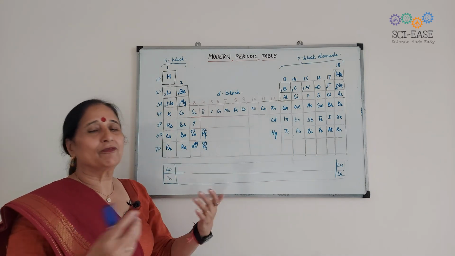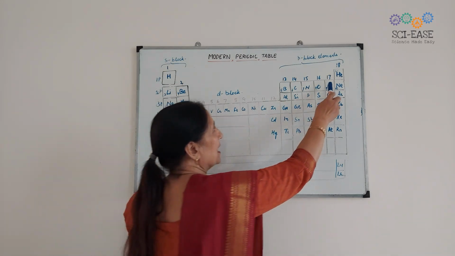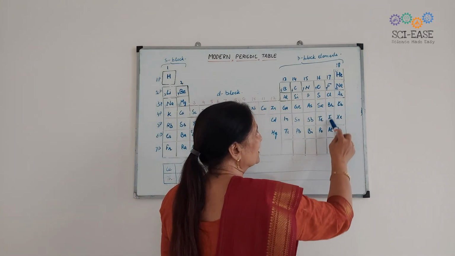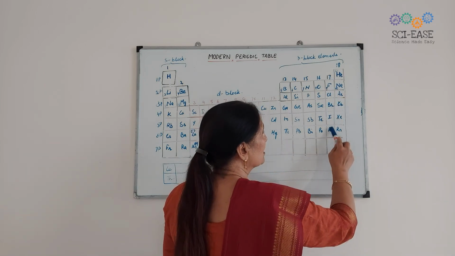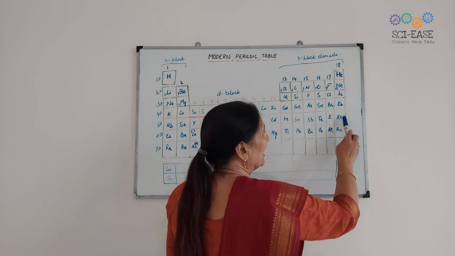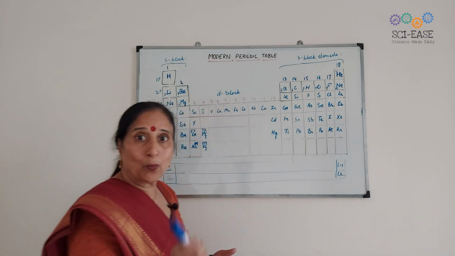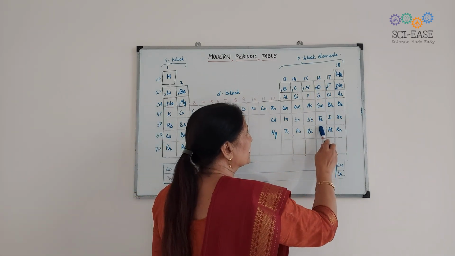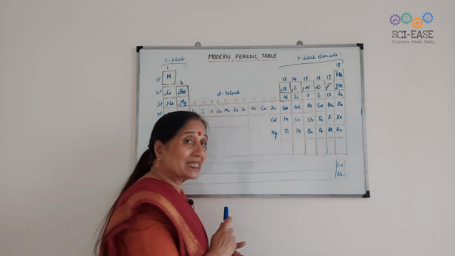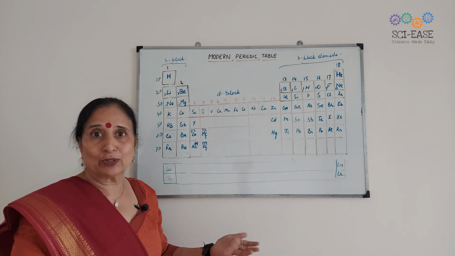Then comes halogens. The elements which are present in the 17th group, they are known as halogens. Elements present in the 18th group, they are known as noble gases or the inert gases. And elements present in the group 16, they are known as chalcogens.